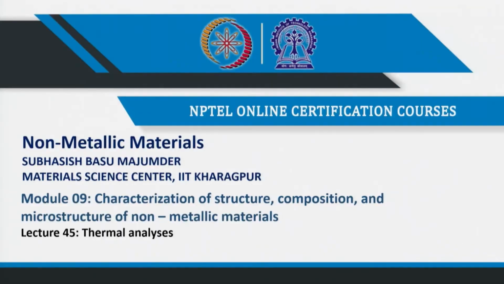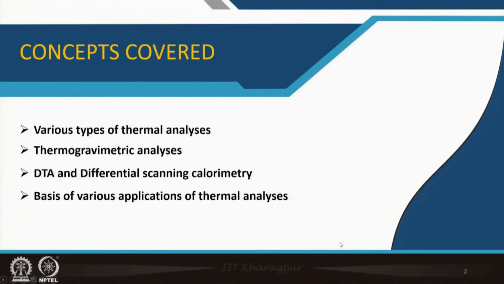Welcome to my course Non-Metallic Materials, and today we are in module number 9, characterization of structure, composition and microstructure of non-metallic materials, and this is lecture number 45, where I will discuss the thermal analysis.